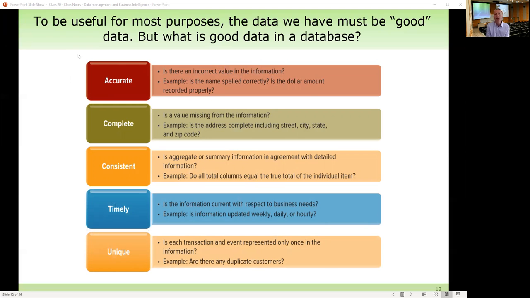So here you can see that we talk about data as being good when it's accurate, which means that there is little or no incorrect information in the database, when it's complete, so when it's not missing important elements, when it's consistent, which means that when we aggregate it, it's a correct summation of the different details. An example could be whether all columns equal the true total of each of the individual items or not. It's timely, which means that the information is current with respect to what we need in terms of decision making.